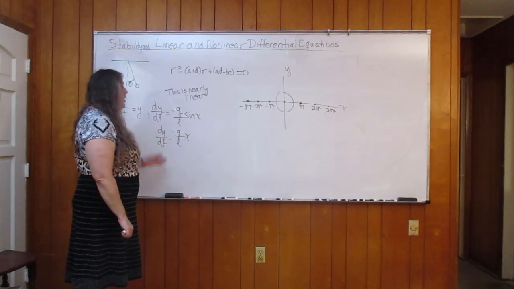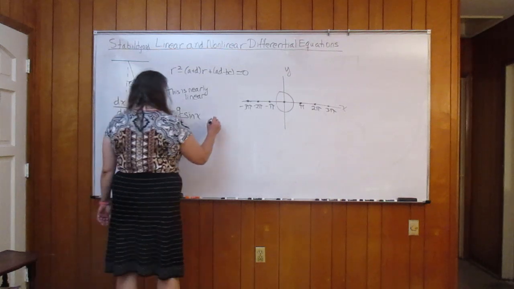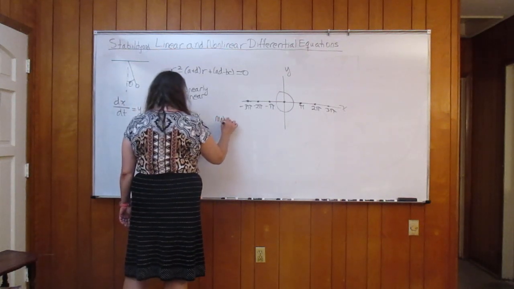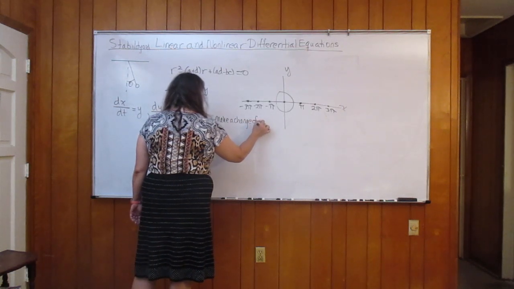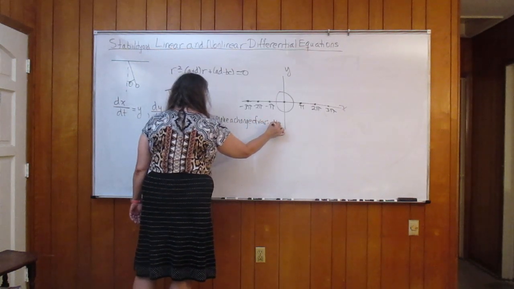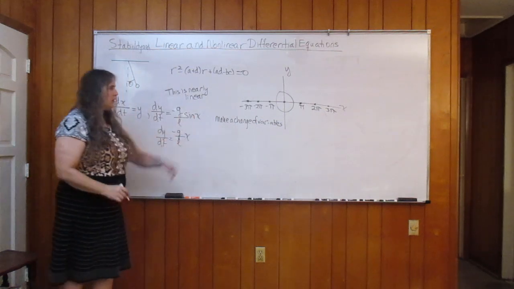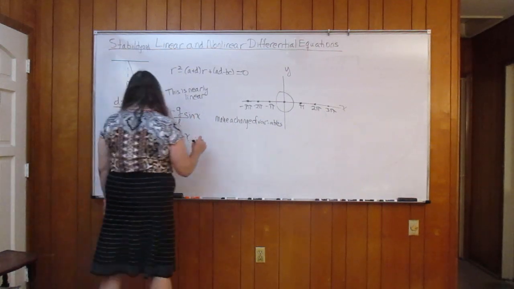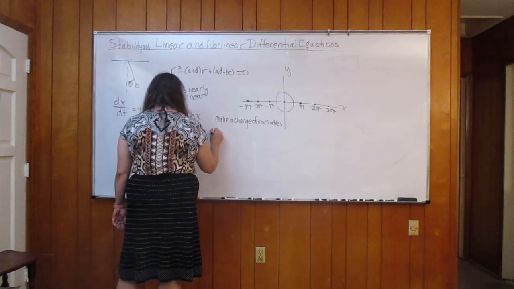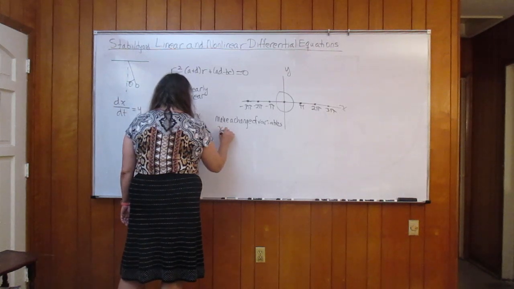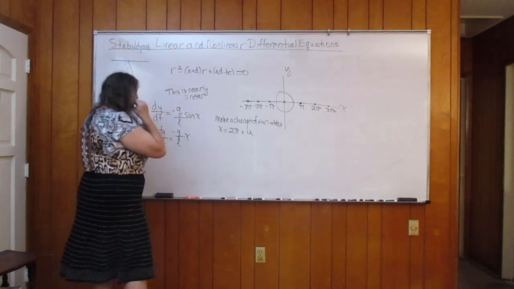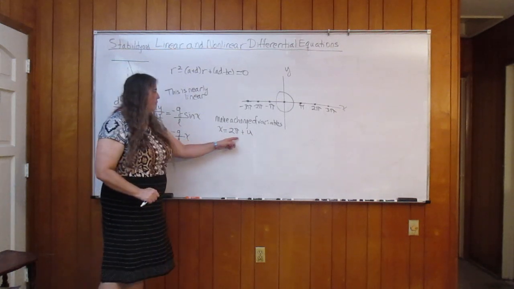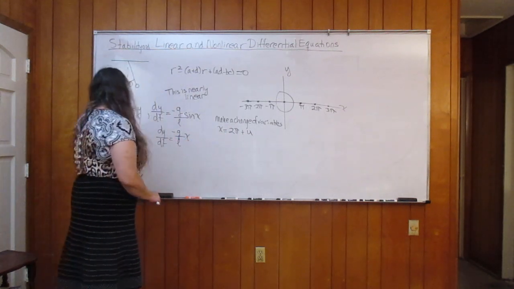We're going to make a change of variables. Let's say we want to investigate the point x equals 2 pi and y equals 0. So we'll set x equal to 2 pi plus u.